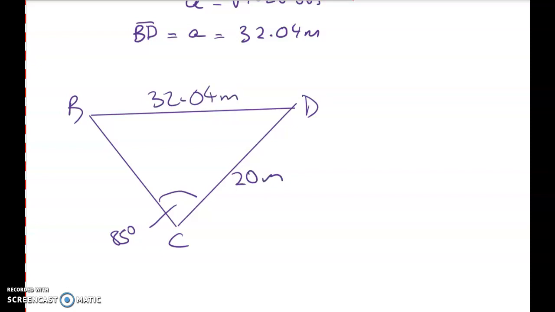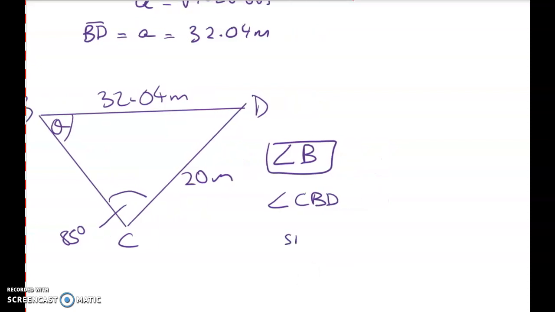So I'm going to find this angle over here, theta, and I'm going to call that angle B. Or if we want to be more precise, we could say angle CBD. We're going to get this one using the sine rule. So sine theta over 20 is equal to sine of 85 degrees over 32.04.